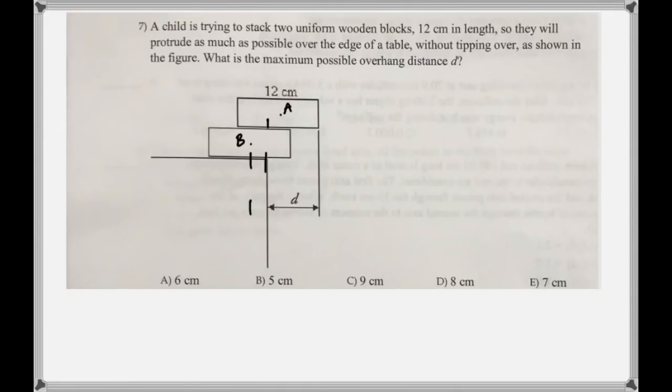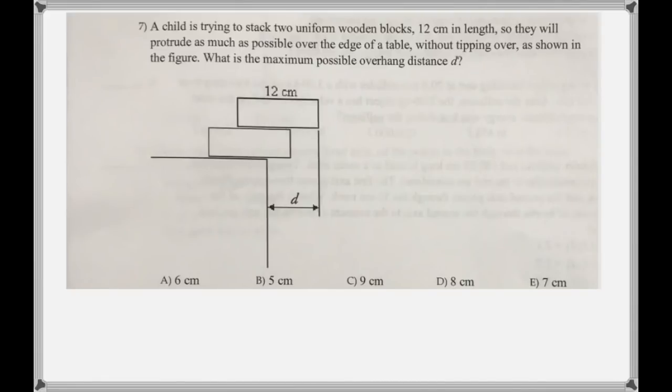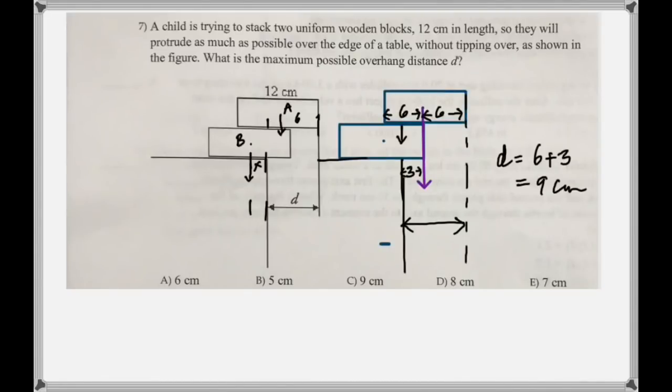So here I'm making some markings, and hopefully we can explain that. Now here you have 6 and 6.